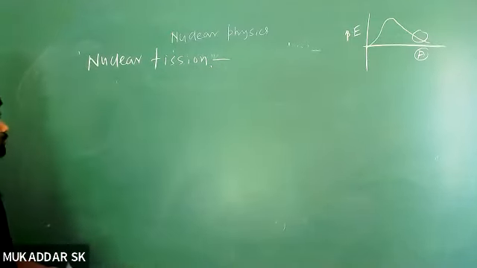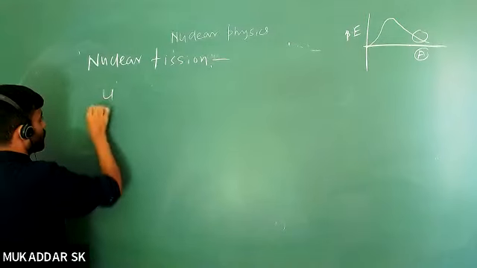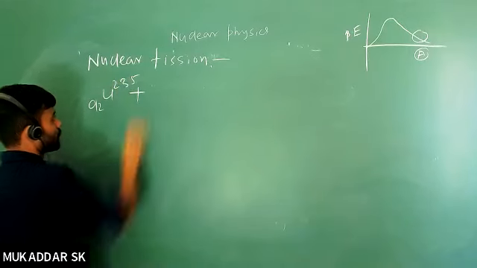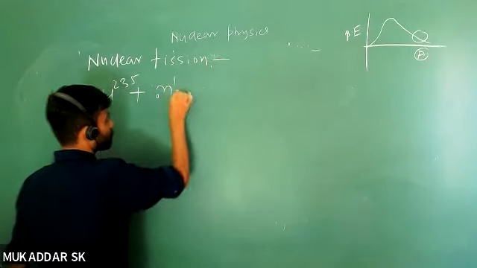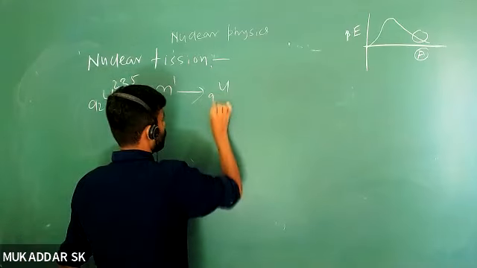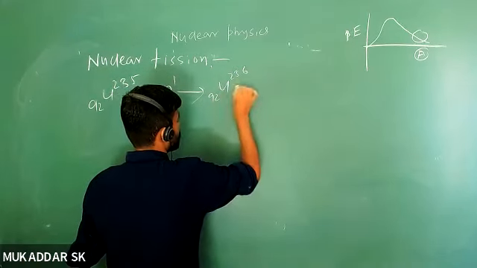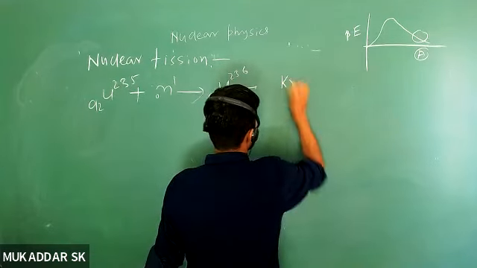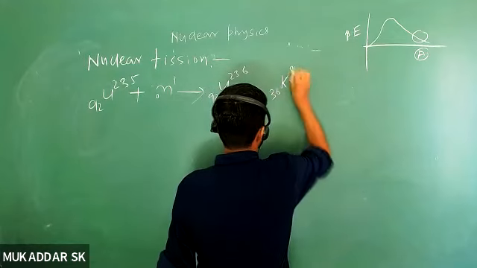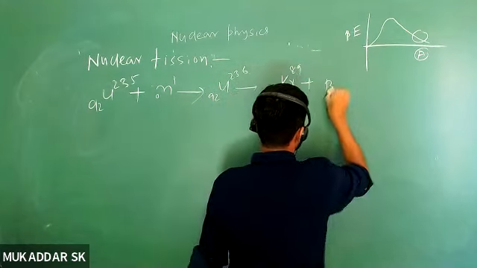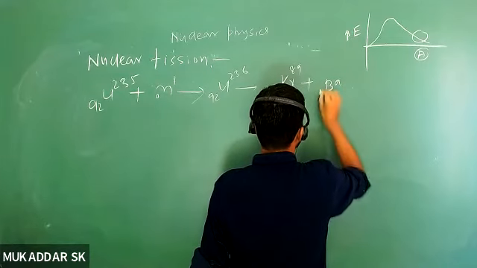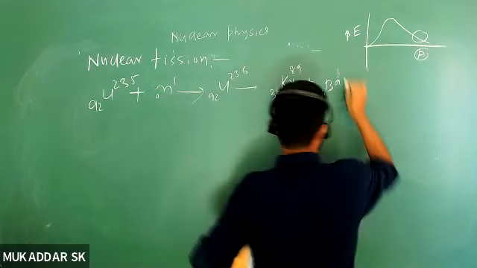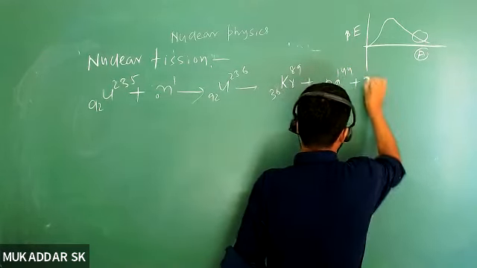Suppose you have uranium 92 235, then you have a neutron, uranium 92 236, then it will go to krypton 36 89 plus barium 56, then it will have 144, and there will be emission of 3 neutrons.